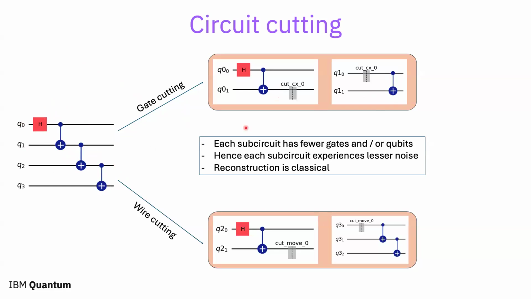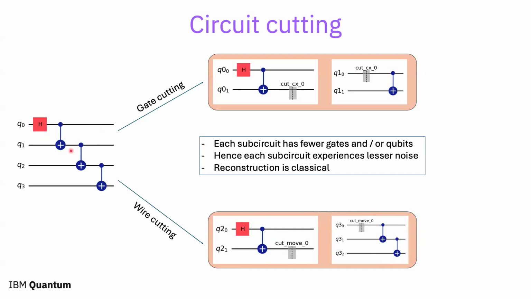The other option is that I can cut along a wire. Let's say I cut along this part of the circuit. Again, we will see how to do that, but I cut along this part and I am left with this and this. So wire cutting, in some sense, you can think that these are wires and you are puncturing the wire.